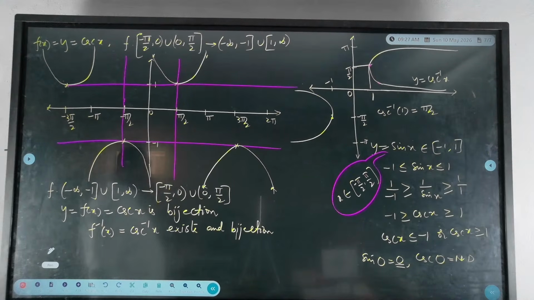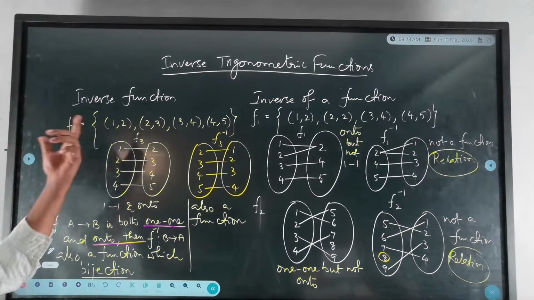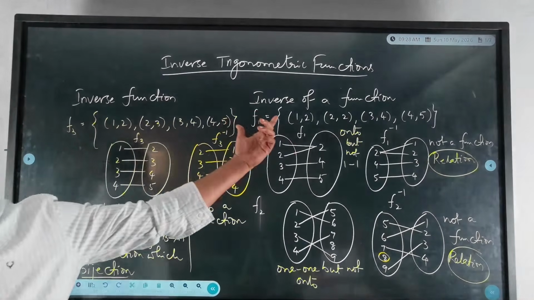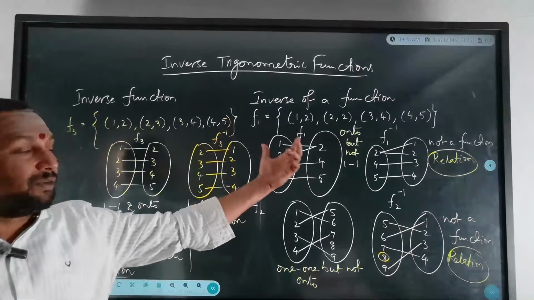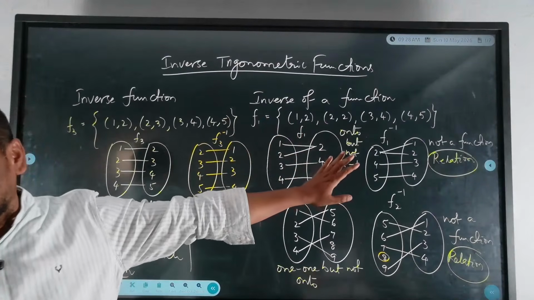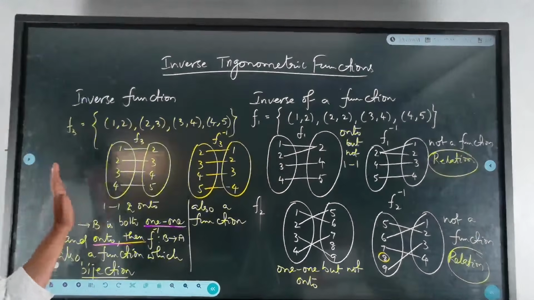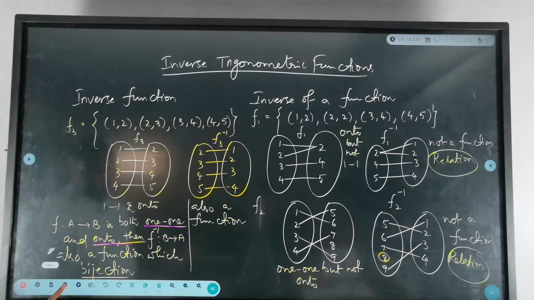Right? In the same way, sixth function, cosecant. So first of all, inverse of a function, inverse function. What is the difference between inverse of a function and inverse function? Inverse of a function may not be a function, need not be a function, whereas inverse function must be a function which is also bijection.